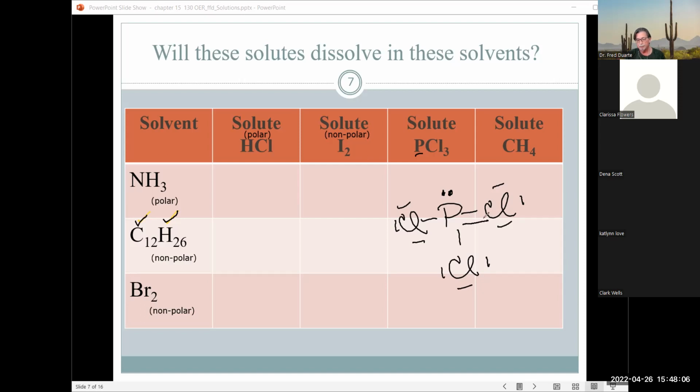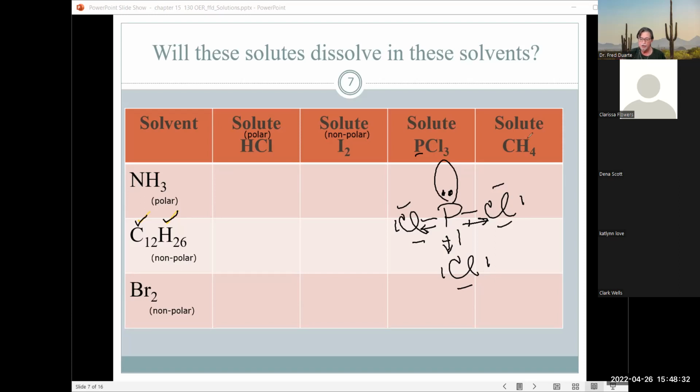But if you forget that, remember something else. Remember that, yes, we got a polar bond here, 3 of them, okay? And you might think, well, okay, I got 3, I could have a tetrahedral configuration, and if you have these in the tetrahedral configuration, the polar bonds will cancel out. However, remember I get the lone pair, and the lone pair takes up a lot more space.